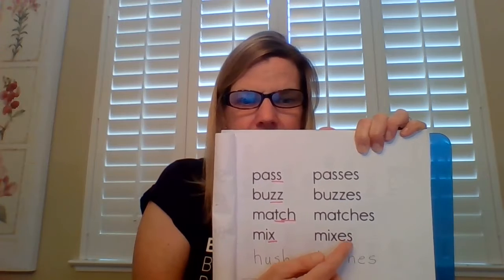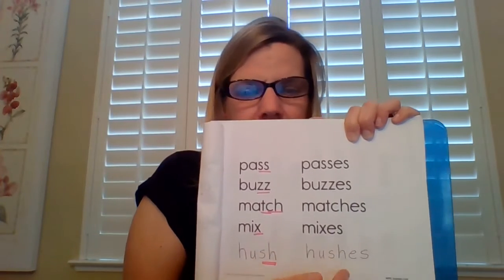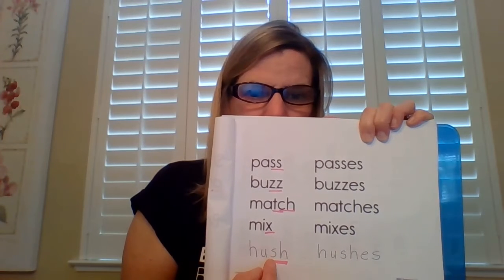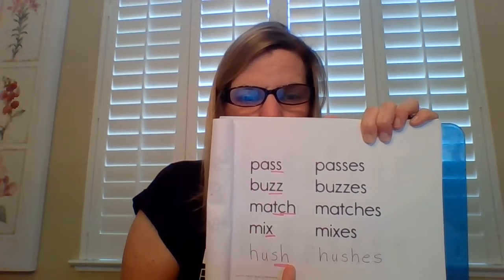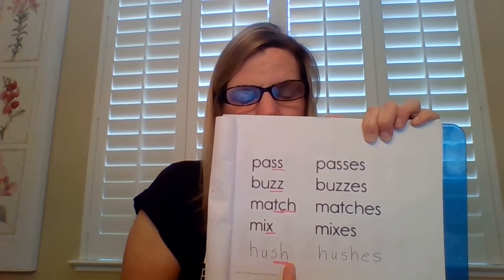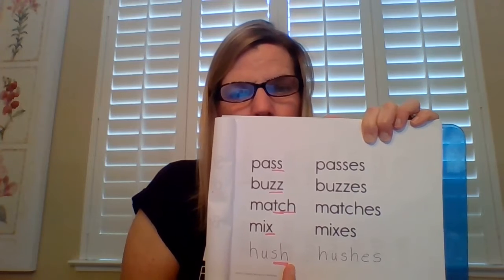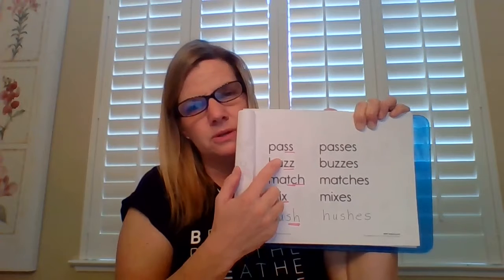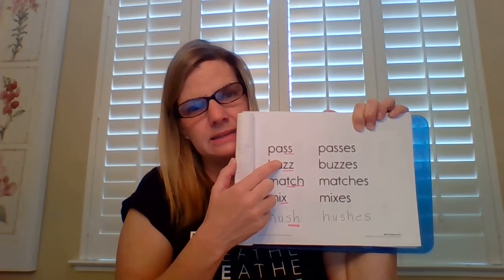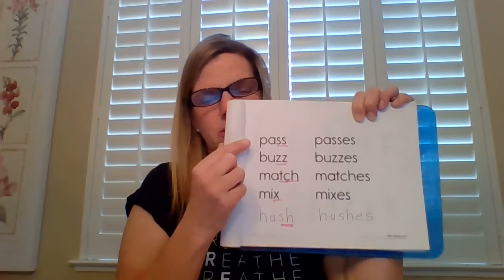We add ES to words that end in X and we add ES to words that end in SH. So there's a special rule to add when we're adding S to words to make them plural. We have to add ES to words that end in S, Z, TCH or CH, X, and SH. Let's practice.